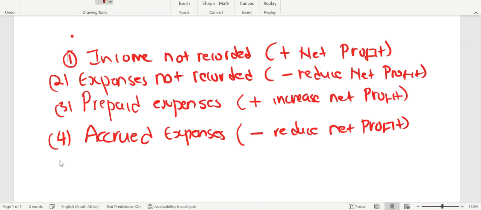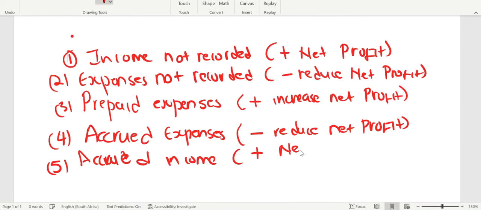And then number five, if you have accrued income, you are going to increase your net profit.